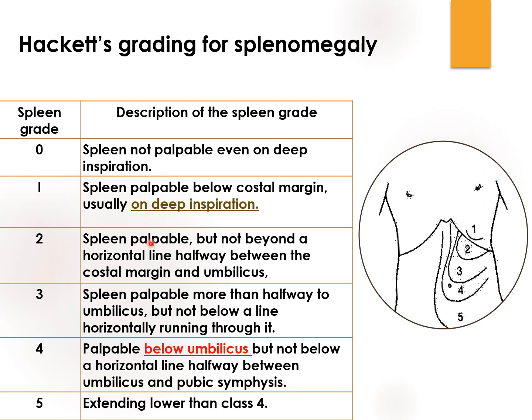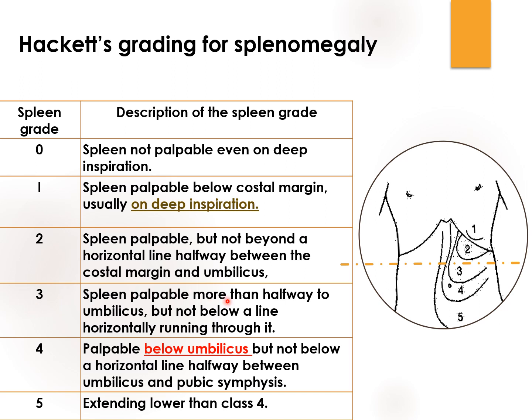Grade 2 is when the spleen is palpable but not beyond the horizontal line halfway between the costal margin and umbilicus. We have to draw the horizontal line between the costal margin and umbilicus, and if the spleen is not crossing this line, then we will label it as grade 2.